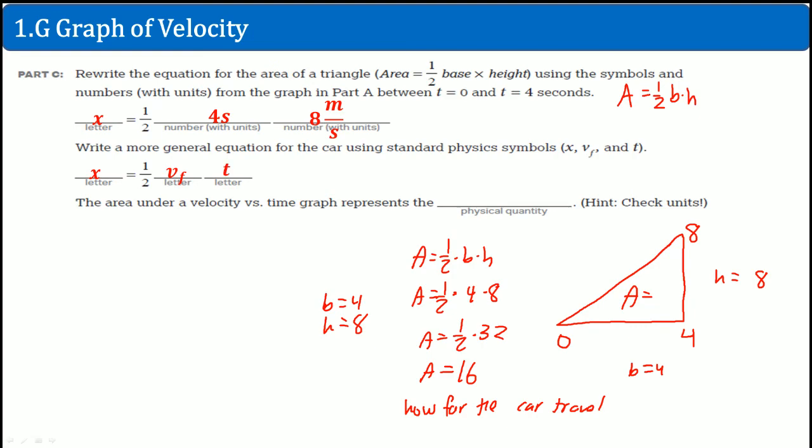That makes sense if we put the units. This was seconds and this was velocity. The area under the curve, if you look at the units, 4 seconds times 8 meters per second, the seconds cancel. What are you left with? Meters. It's a value for displacement.